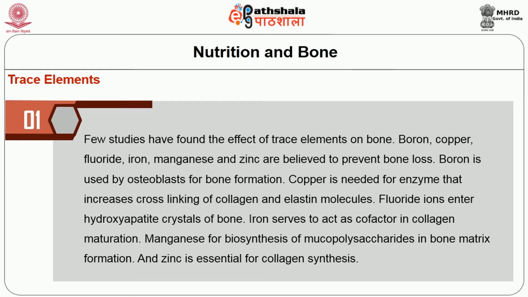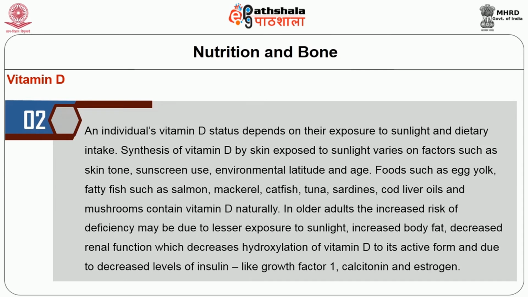Fluoride ions enter the hydroxyapatite crystals of the bone. Iron serves as a cofactor in collagen maturation. Manganese is helpful for biosynthesis of mucopolysaccharides in bone matrix formation, and zinc is essential for collagen synthesis.